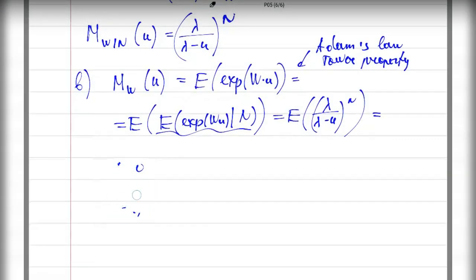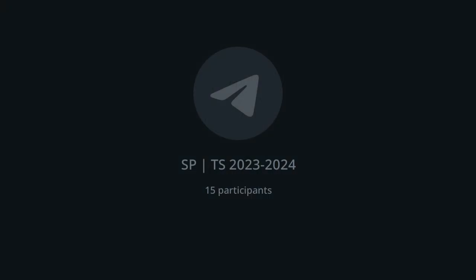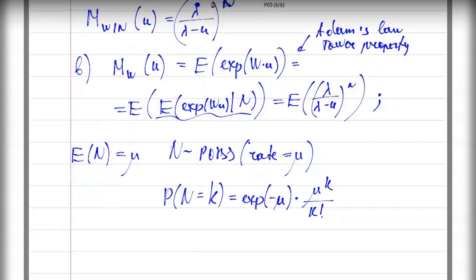Yeah, let's recall the Poisson distribution. We have the expected value of n is mu; n has a Poisson distribution with rate mu, and hence the probability that n is equal to k is exponent of minus mu multiplied by mu to the power k over k factorial.